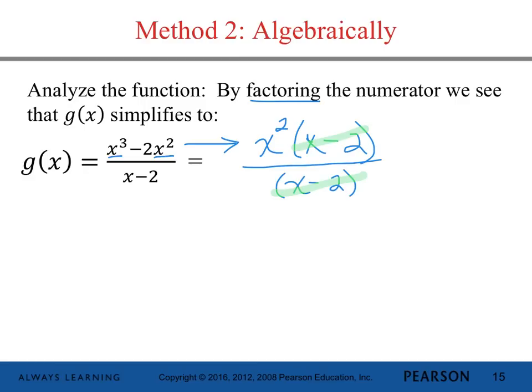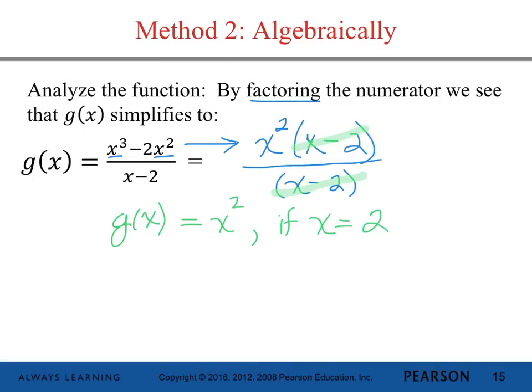And because they're common factors, we can say that g of x is equivalent to x squared, provided that x is not allowed to be 2.